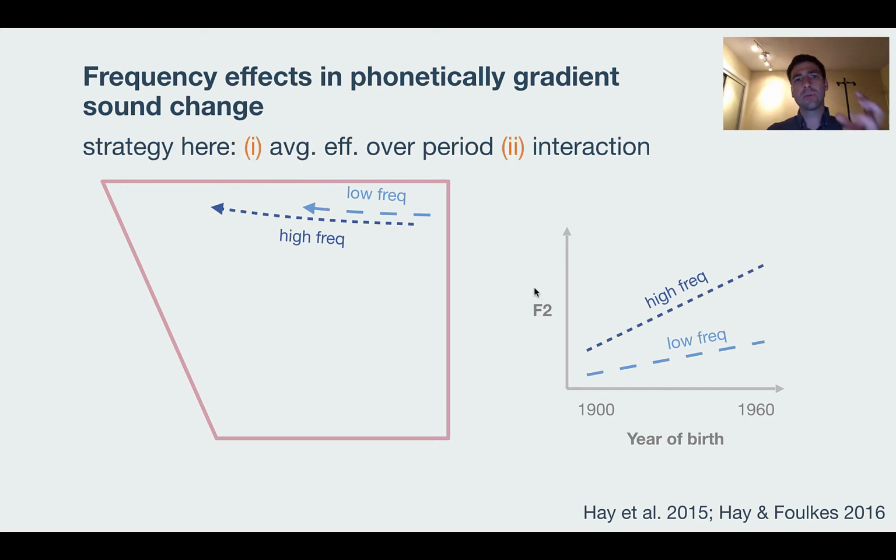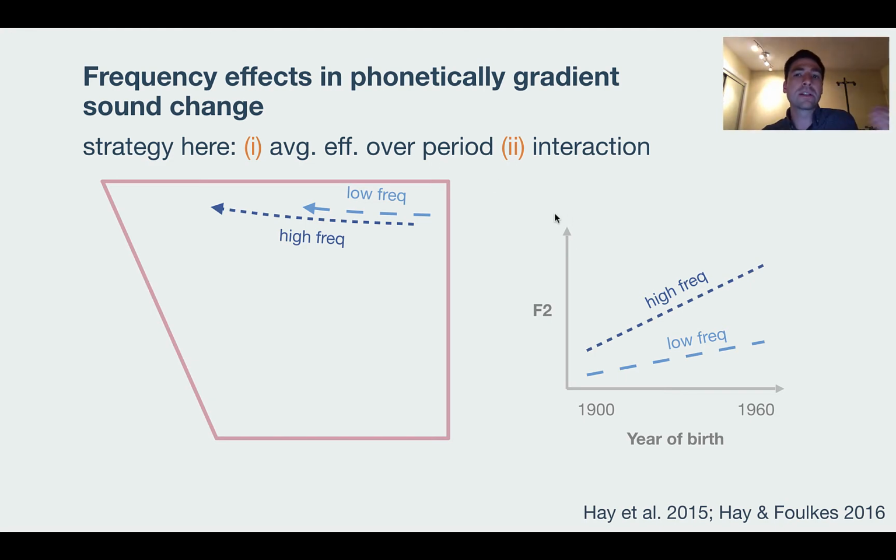So the strategy that we're going to take when we're talking about frequency effect is that we're going to talk about both of these things. We'll look at that interaction that I just mentioned, and also we'll be talking about the average effect of frequency over a given period, because although that may not necessarily tell you about whether a change is affecting word-specific lexical representations, it is still basically a prerequisite to observing any kind of frequency effect, right?